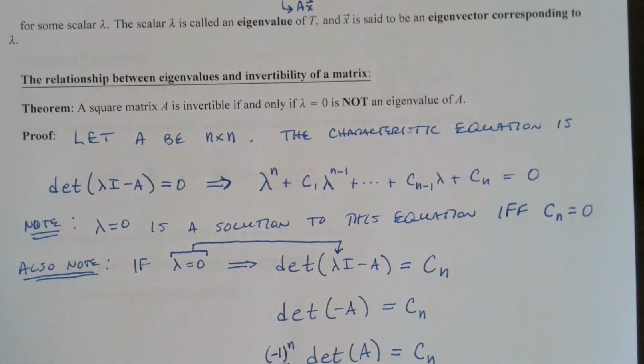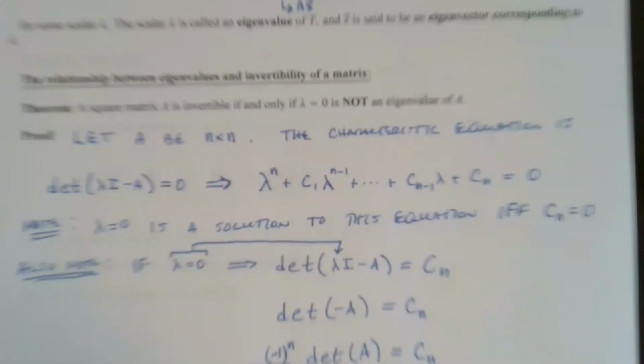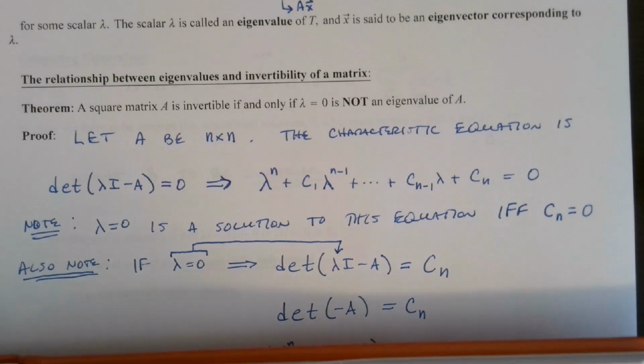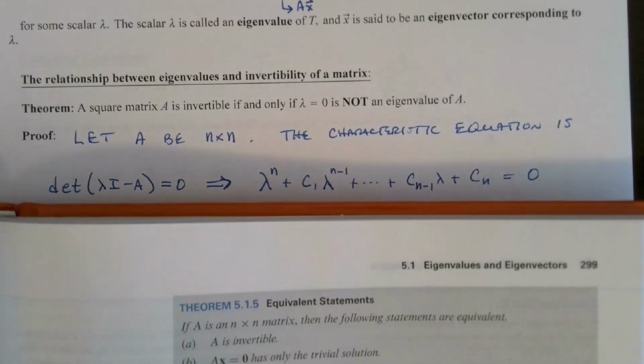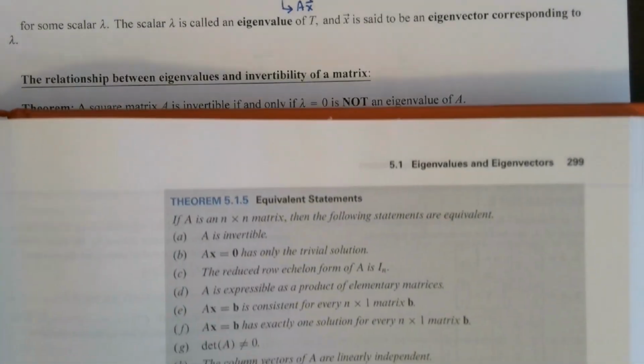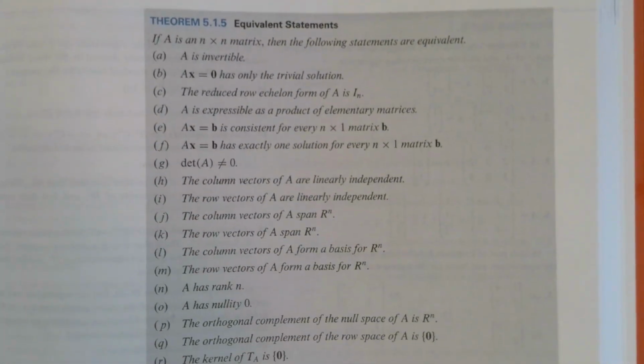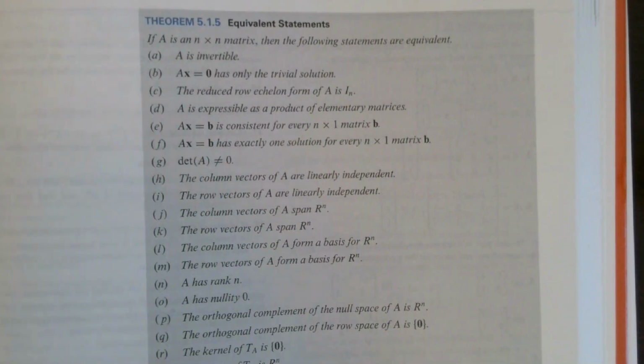So this will be the final time we'll look at this theorem. I want you to take a look in your book, if you have it, at section 5.1, which is where we're talking about the eigenvalue problem. At the end of that section, you will see on page 299 the list of equivalent statements for a matrix A that's n by n being invertible.